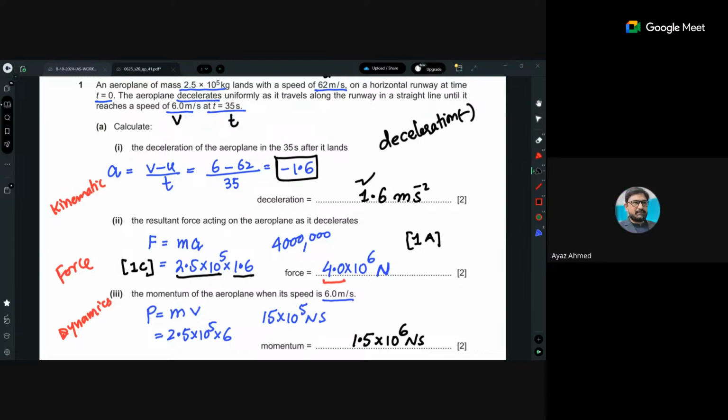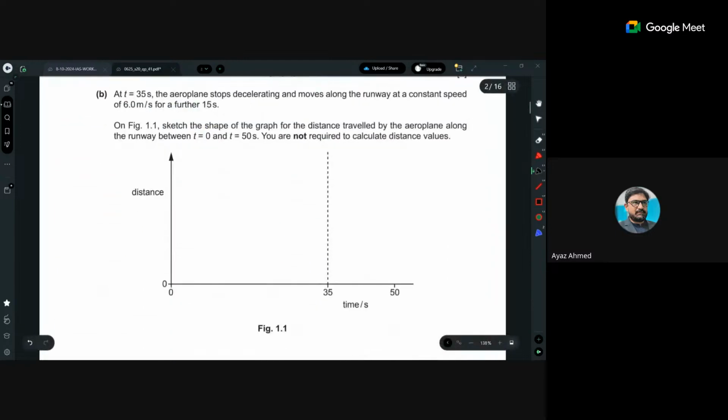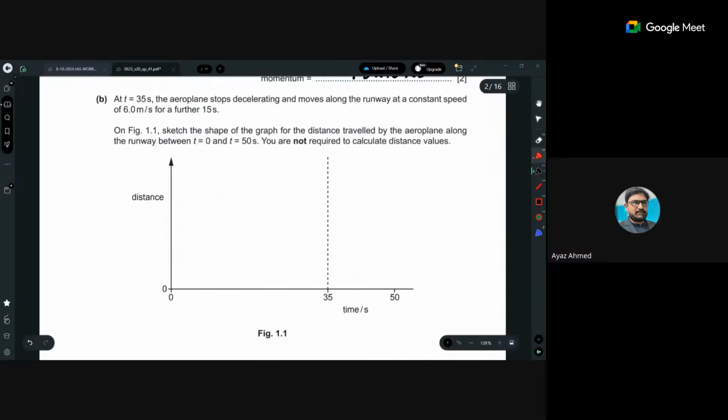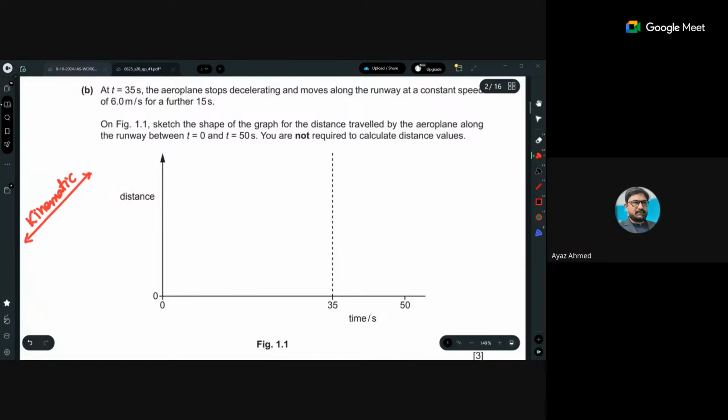Got it, sir. Okay. The next is again kinematics, this part. Just see how drifting that is. In physics, students are not allowed to drift on the road, but the examiner is allowed to drift in the paper. Okay, at time t equal to 35 seconds, the aeroplane stops decelerating.